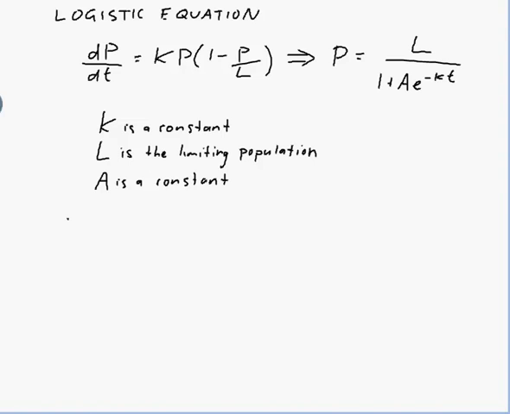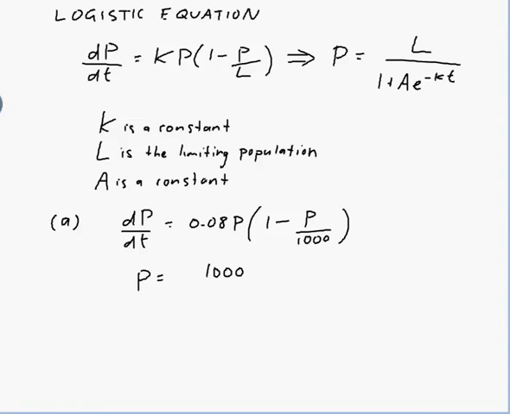Okay, so my problem, I've got dP/dt = 0.08P(1 − P/1000). And so k is 0.08 and L is 1,000. So I get P = 1,000, because that's L, over 1 + Ae^(−0.08t).